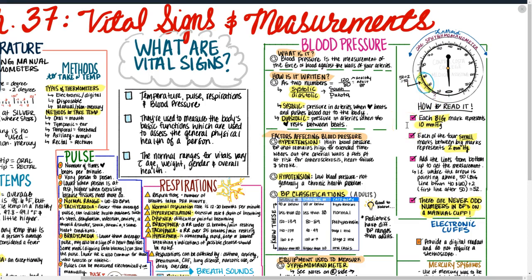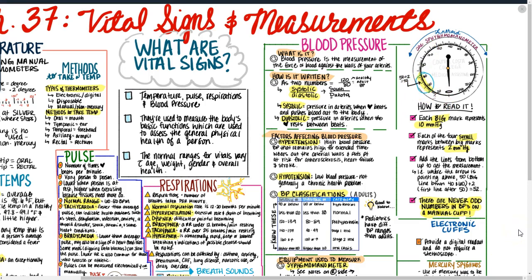What you need to know is that each big mark on the dial represents 10 millimeters of mercury. Each of the 4 small marks in between the big marks represents 2 millimeters of mercury. To get the reading, add the lines from the bottom up.